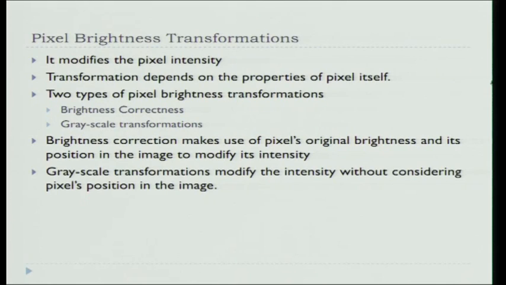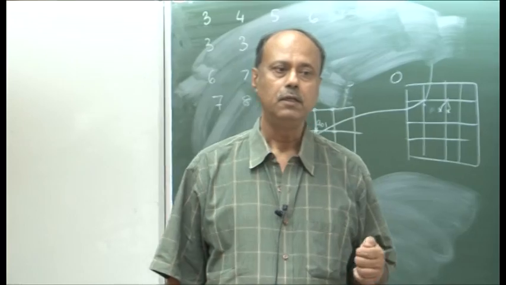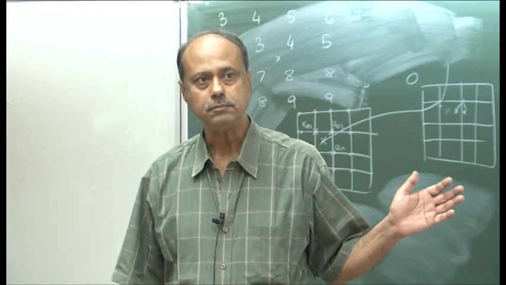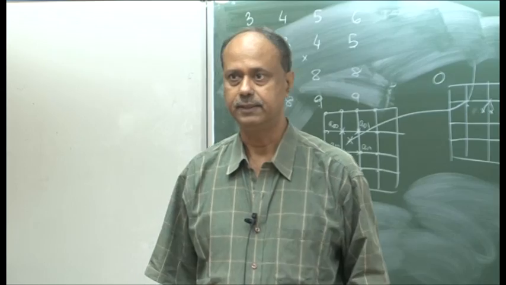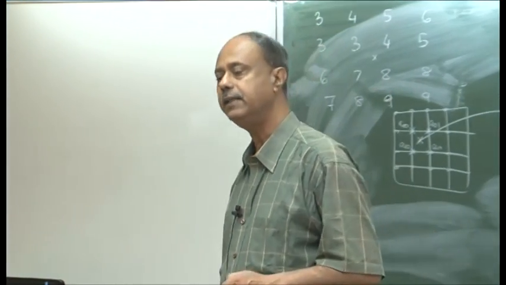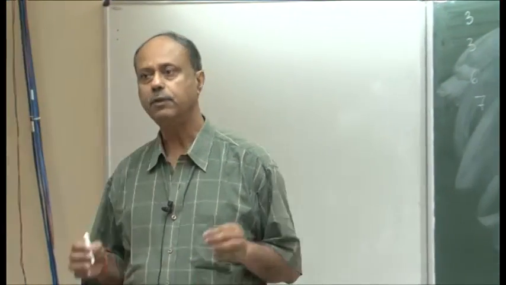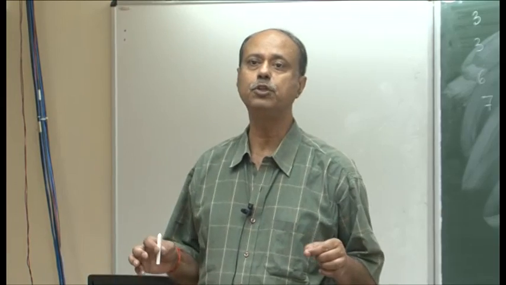This is what we have done: after geometric transformation, you are changing the intensity value. Another problem you will find is that I have one image, but you need to do some operation on it. For example, you have launched one satellite and you are supposed to get the intensity level 0 to 255.